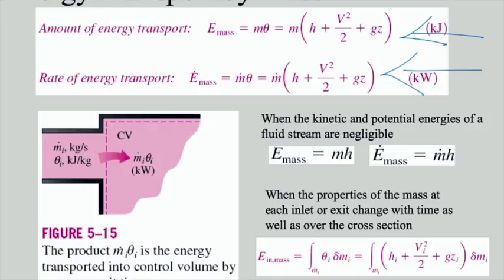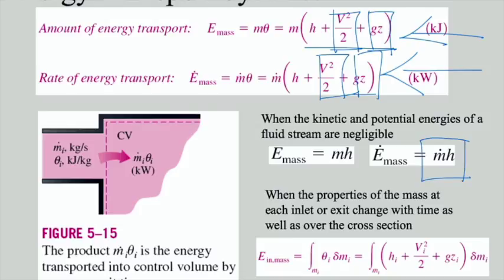Again, in our thermodynamic analysis, we tend to simplify our thermodynamic process, thus assuming the kinetic and potential energies are negligible. We have the net energy rate of change as m dot h, in terms of rate.